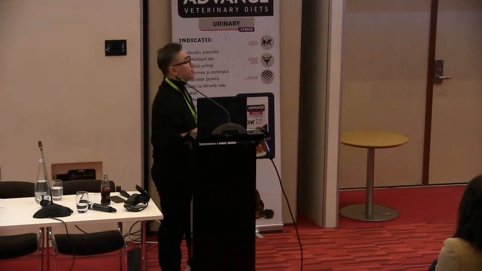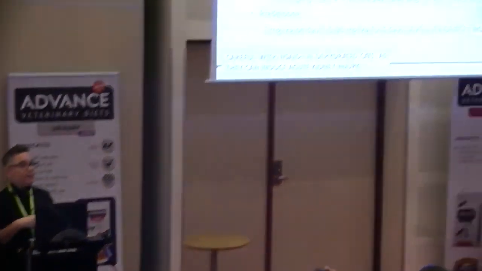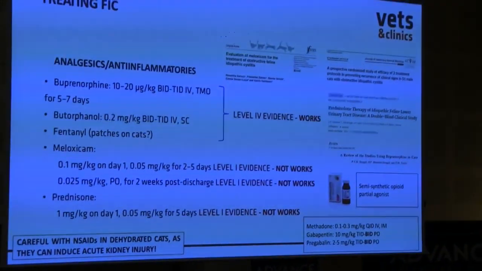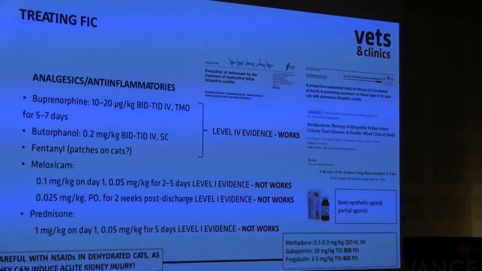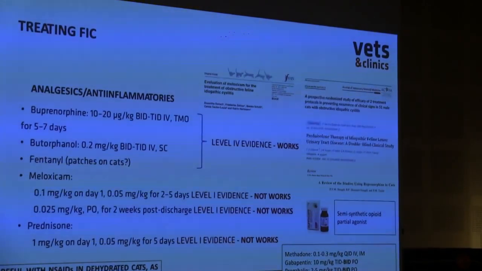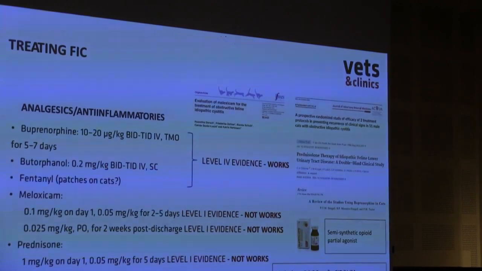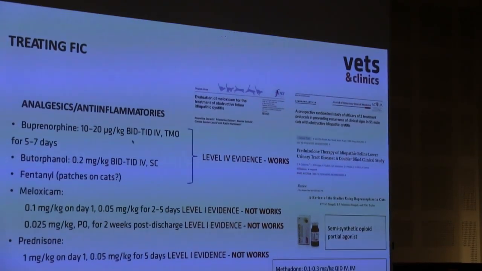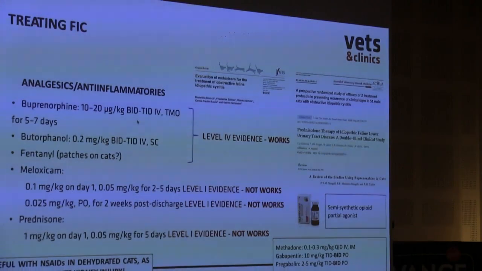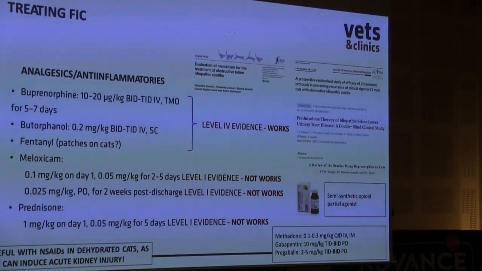Analgesics or anti-inflammatories. There is not so much evidence about the use of opioids or synthetic opioids in cats, mainly because I think it is even unethical to leave a cat without any kind of painkiller. The best option in cats is to use buprenorphine at this dose. The recommendation is mainly every 8 hours, and the best way to apply it is intravenous or transmucosal.